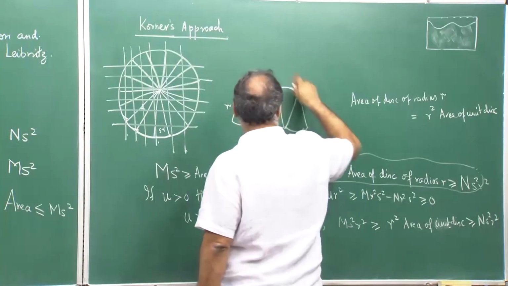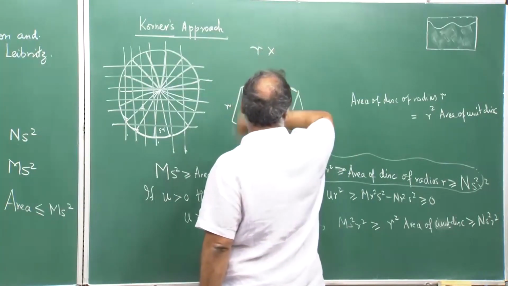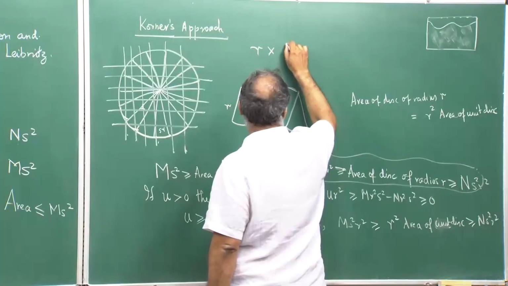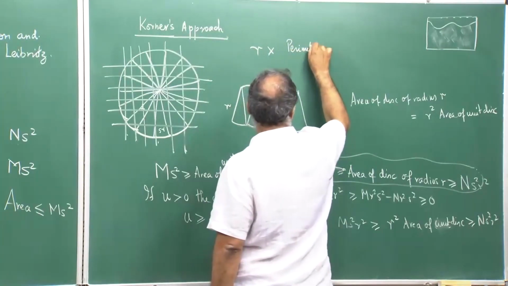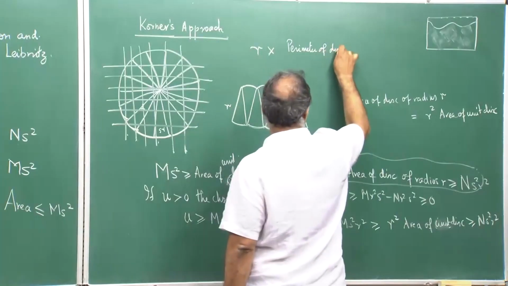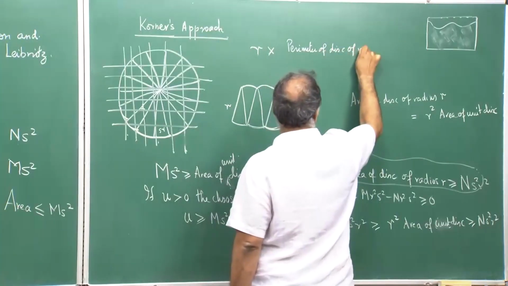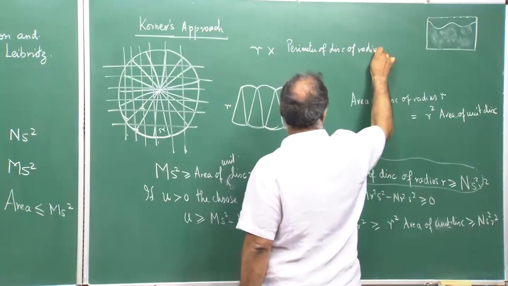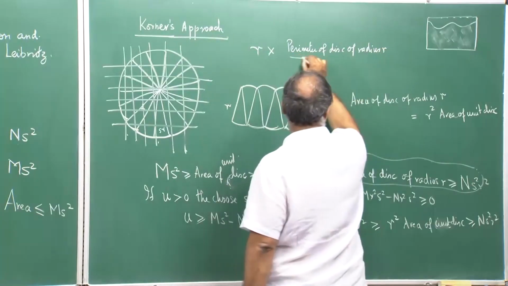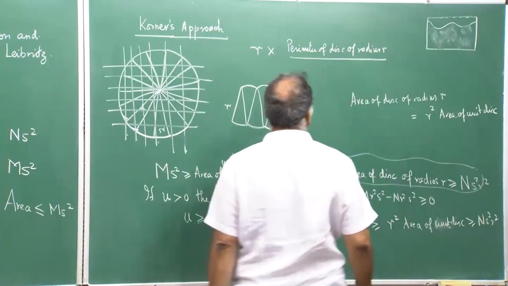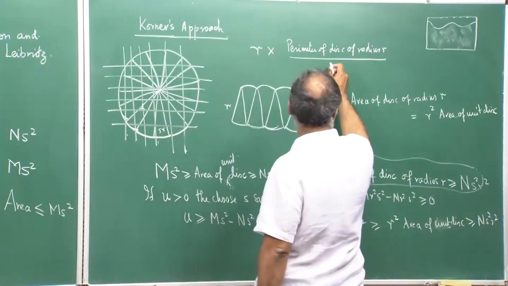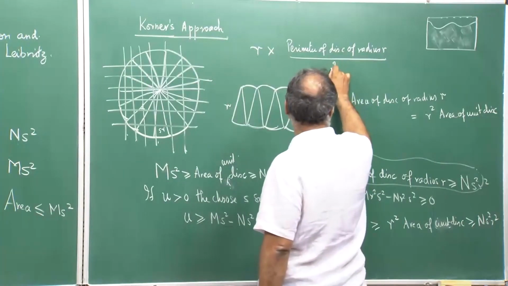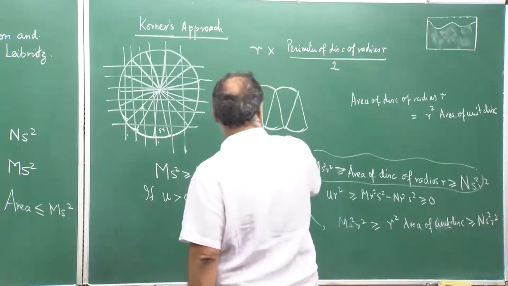So this whole thing is r into the perimeter of disk of radius r divided by 2.